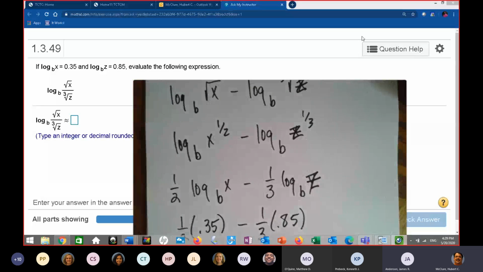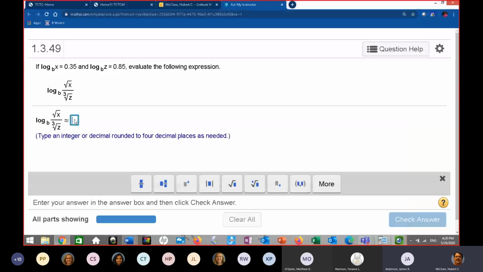Take 1/2 times 0.35 and minus 1/3 times 0.85. 1/2 of 0.35 is 0.175, but I need the rest of it.